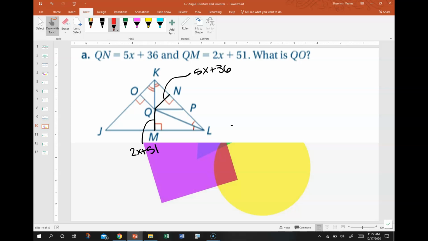It wants me to find QO. We're going to be able to do this because, if you notice, Q is where the angle bisectors meet. So that means that all three of these have to be equal.